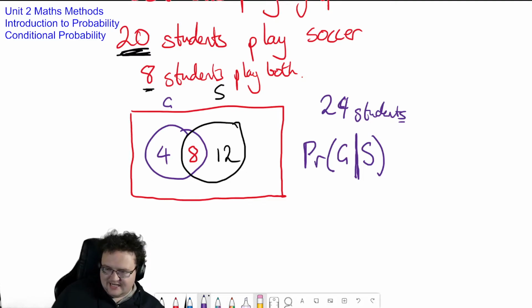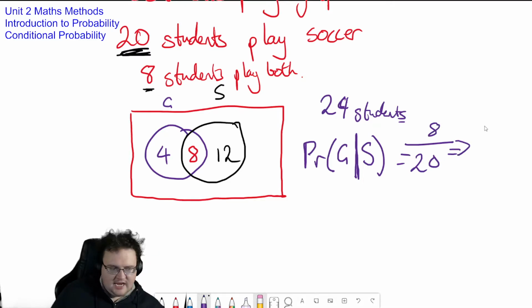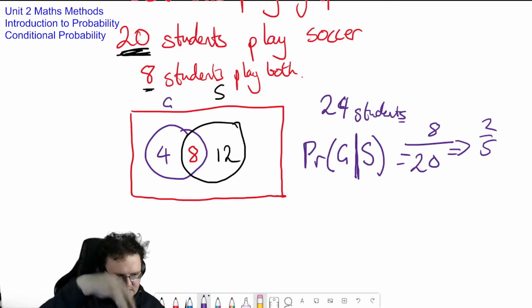So there are 20 kids who play soccer. And of that, how many of those students play golf? 8. Therefore, the probability is 8 out of 20, which is 2 out of 5. So that's 40%. What this 'given' means is that I am restricting the total number of students I care about.